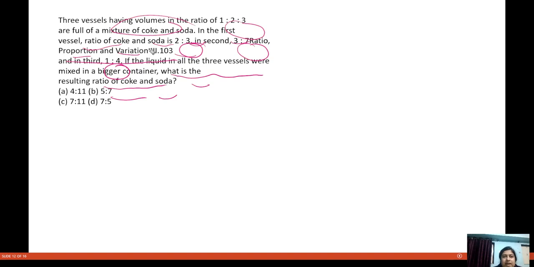Okay, so there are three vessels V1, V2, and V3 having volumes in the ratio 1 is to 2 is to 3, full of a mixture of coke and soda. In the first vessel the ratio of coke and soda is 2 is to 3.